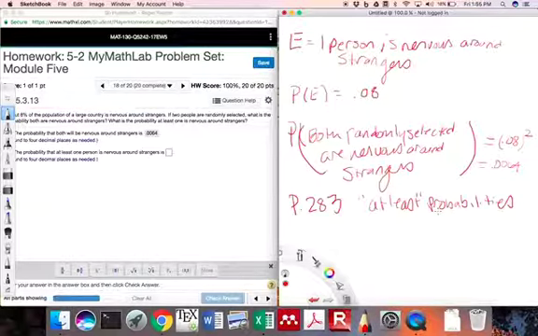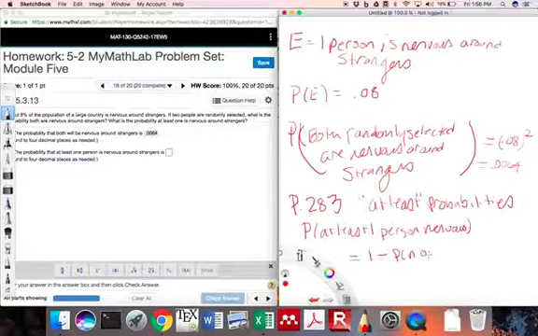So if we want to know the probability that at least one person is nervous around strangers, and I'm going to abbreviate to nervous, that's 1 minus the probability that none are nervous.